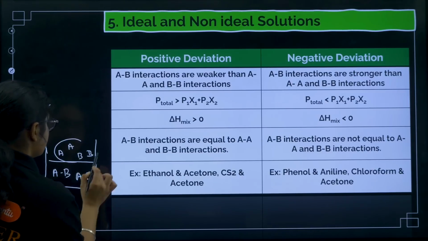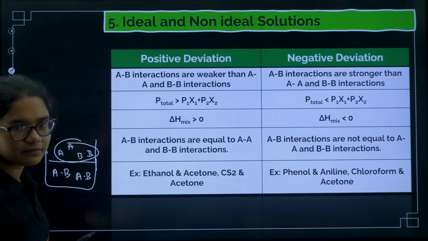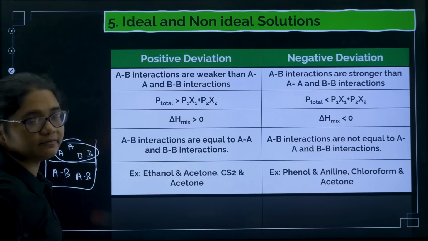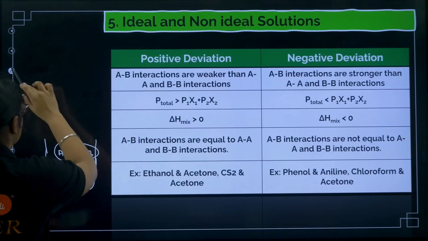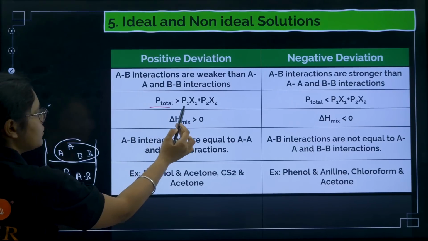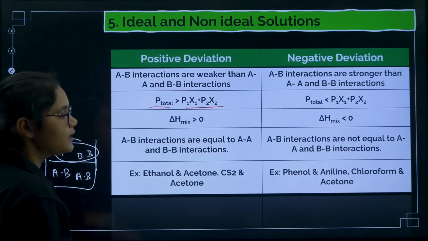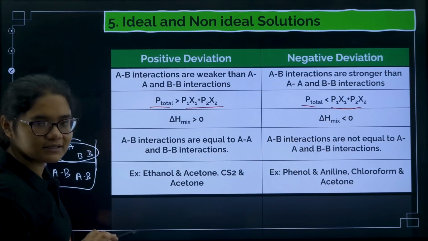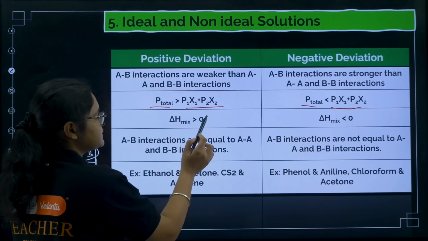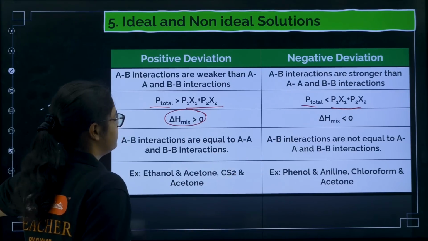So fewer particles will be present in the vapor, and less pressure will be there. That is negative deviation. If more particles are there, more pressure; so P total will be more than the Raoult's value in positive deviation, and here P total will be less than the Raoult's value because fewer particles are there. Next, delta H mix here will be positive, and here delta H mix will be negative.